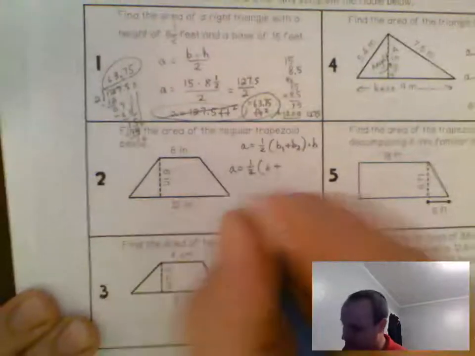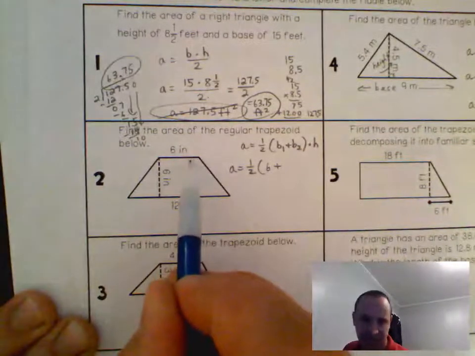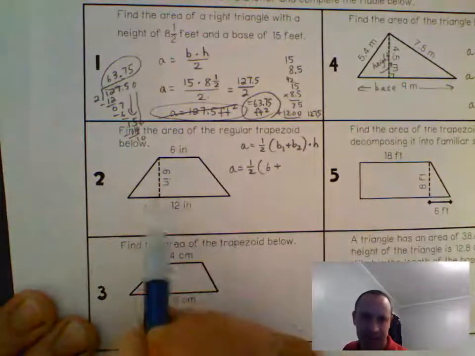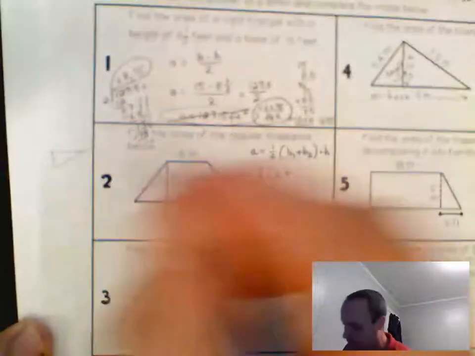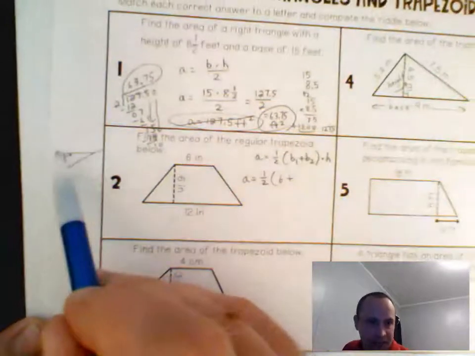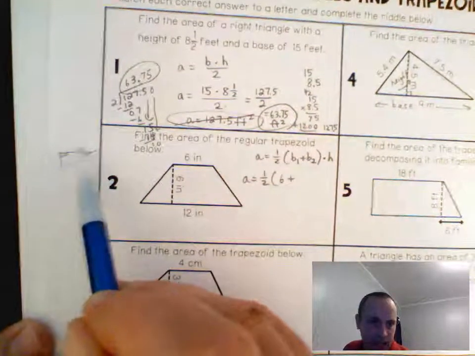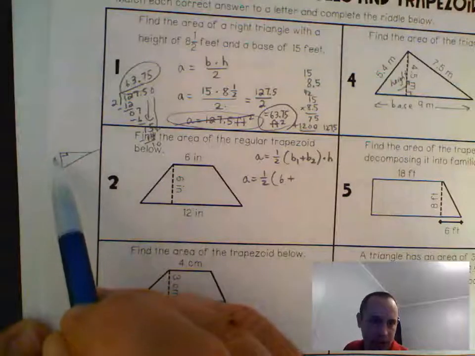Because this is a base, right? This is like our first base, because if you had it upside down, that could be a base. Same with like a triangle, if you ever get a triangle like this, and the right angle is here, then this is your base. Like even though it's upside down, that's your base. And then this one would be your height.